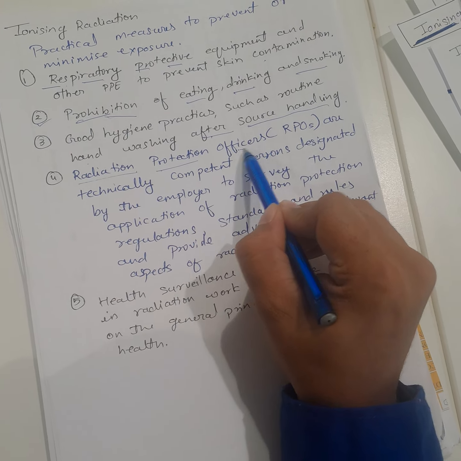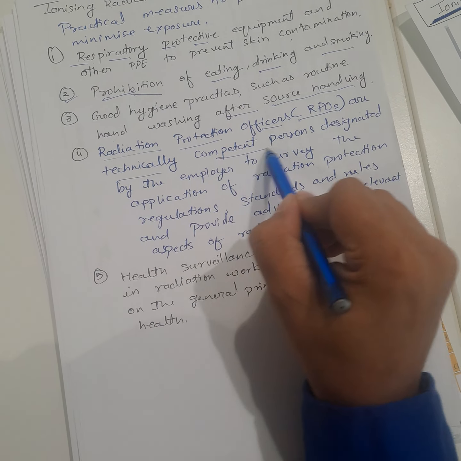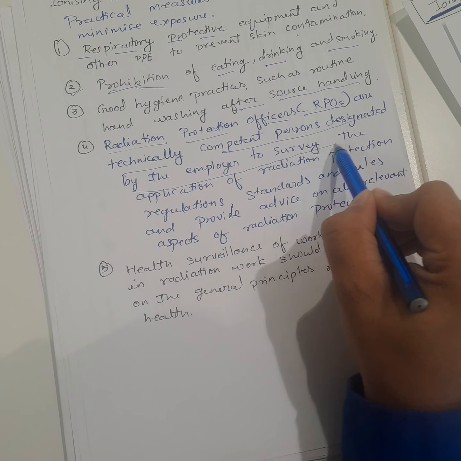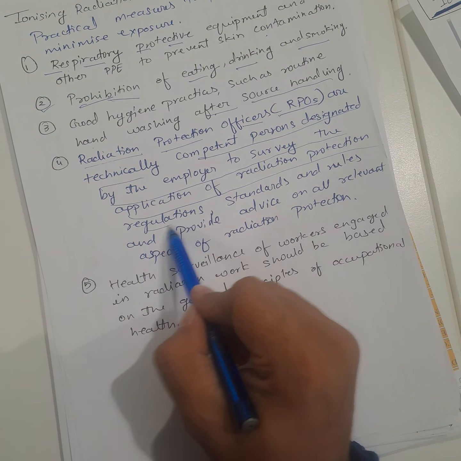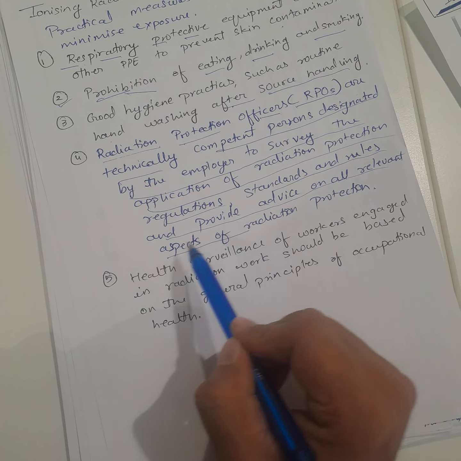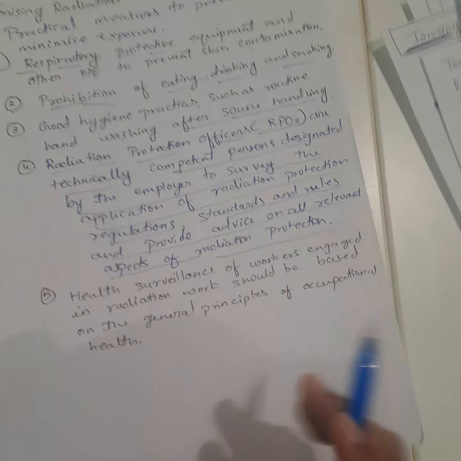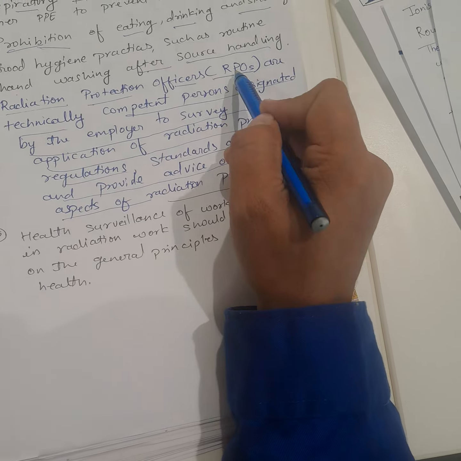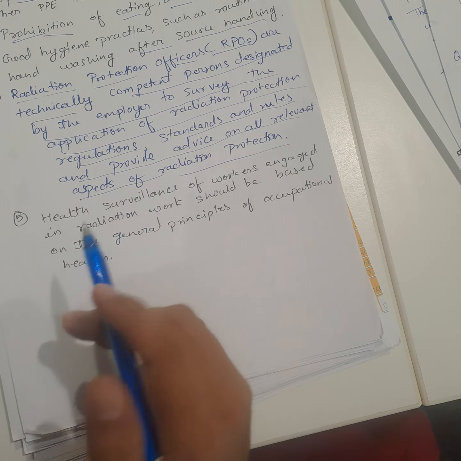Radiation protection officers, RPOs, are technically competent persons designated by the employer to survey the application of radiation protection regulations, standards and rules, and provide advice on all relevant aspects of radiation protection. In the industry there are RPOs also, whom the employer hires for this work.